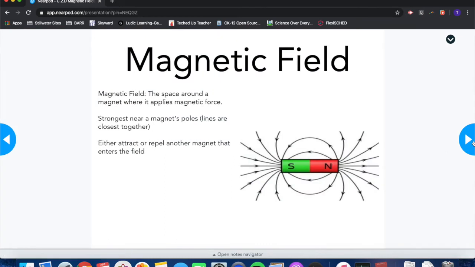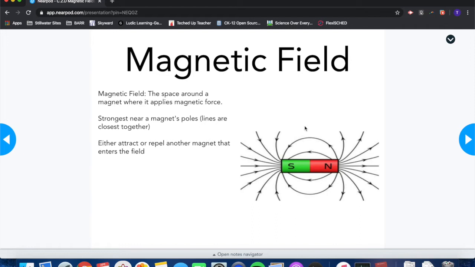Alrighty, so what you just drew is what is called a magnetic field. A magnetic field is the space around a magnet where it applies magnetic force. It is strongest near the magnet's poles, and you'll see that the lines are closest together here. And it gets weaker as you get farther away, and you can see that the lines are farther apart.